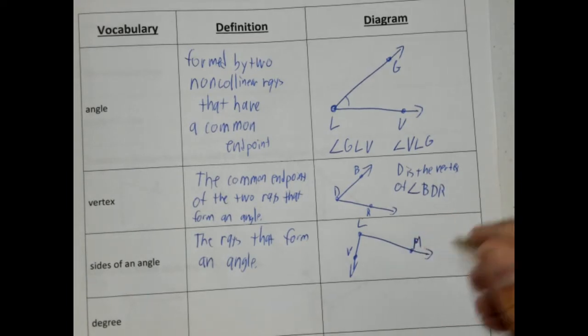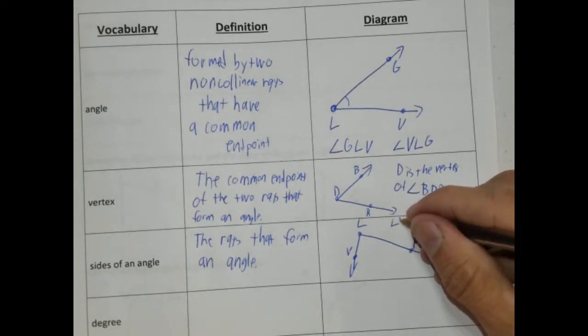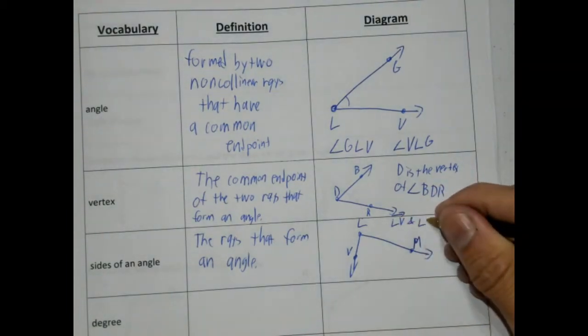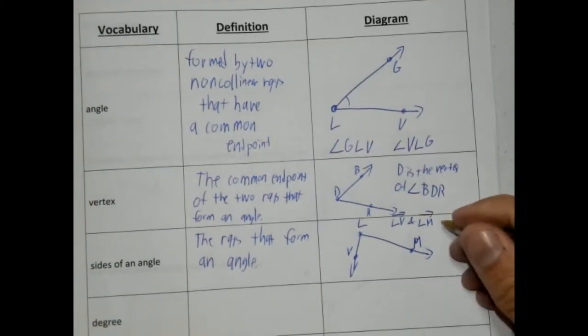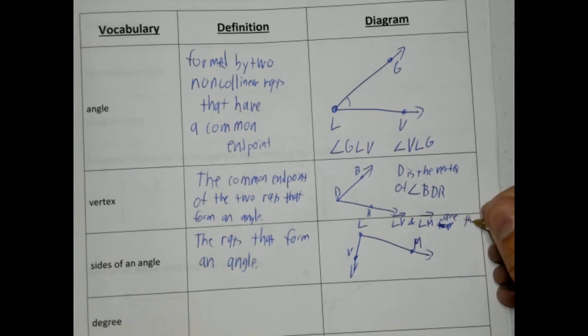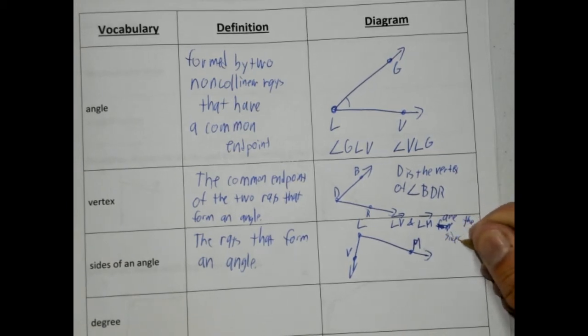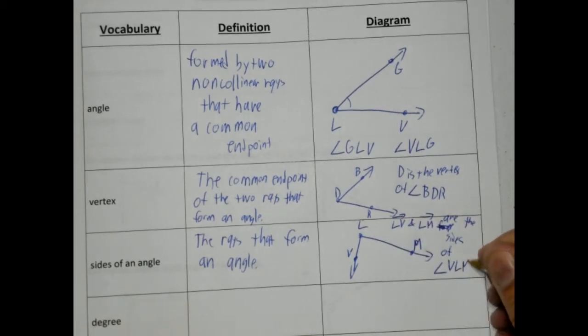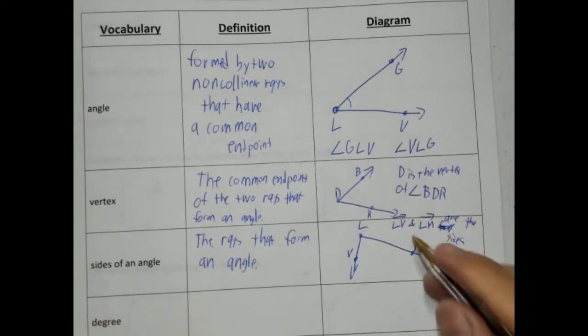And we're going to use the proper notation here: ray LV and ray LM are the sides of angle, and we're going to call that VLM, or we could call it MLV, doesn't really matter, okay?